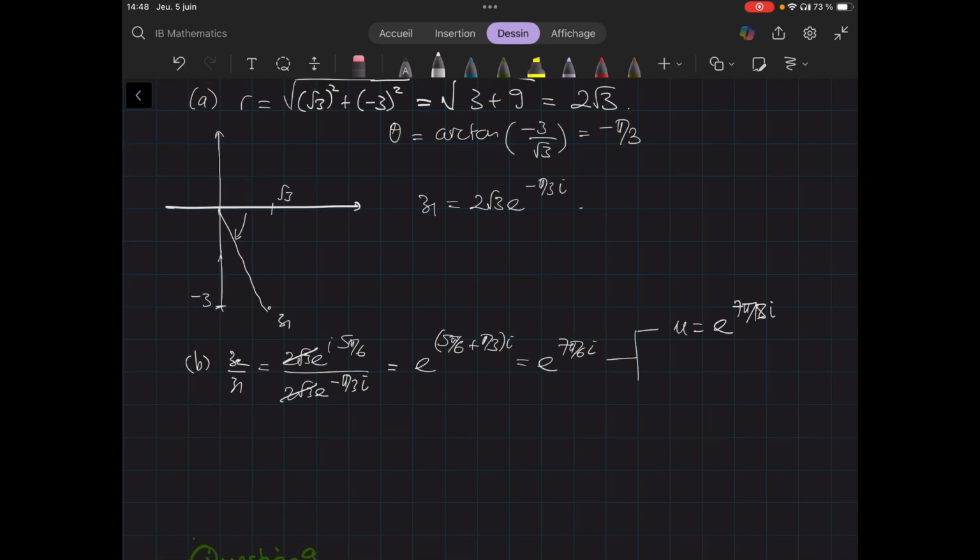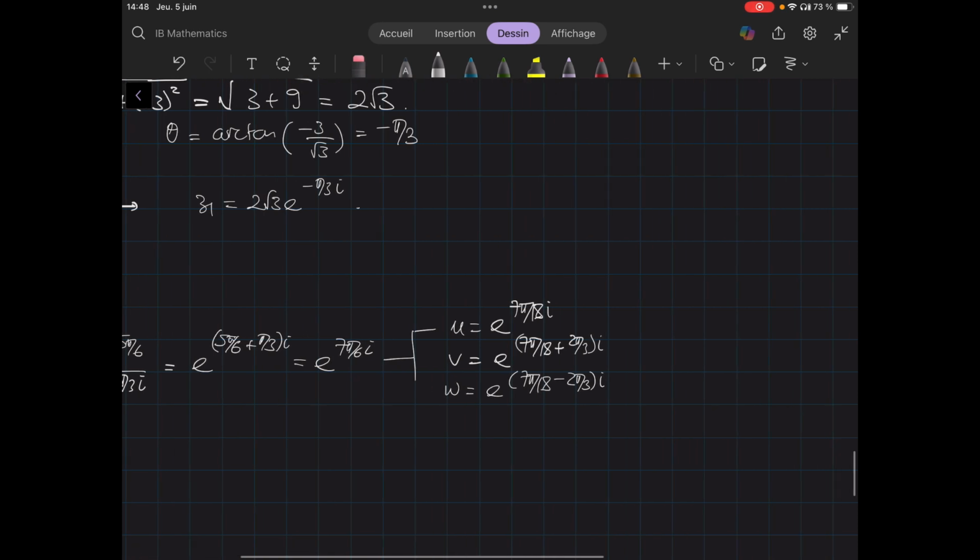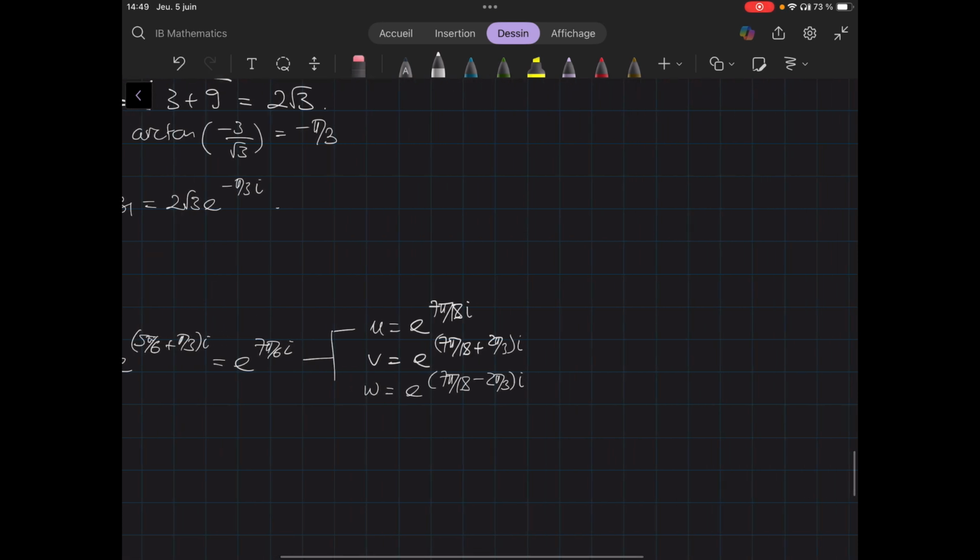So the argument of the second complex number is going to be 7 pi by 18 plus 2 pi by 3. And the argument of the third one will be 7 pi by 18 minus 2 pi by 3. Et voila.